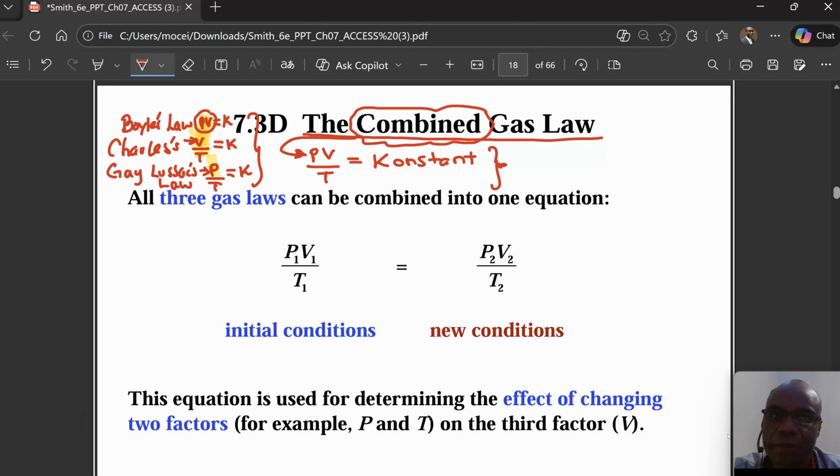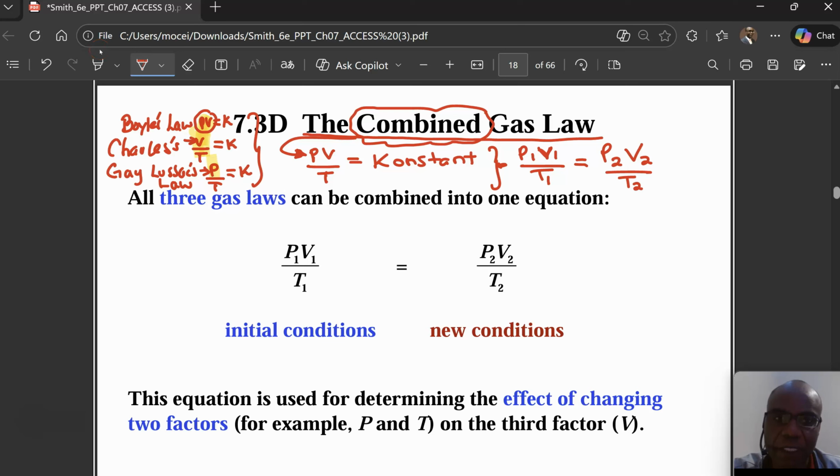So we can say P1 times V1, those are initial conditions of pressure and volume, divided by T1, initial temperature, must be equal to the final or new conditions, P2 times V2 over T2. We usually prefer the pressure to be in atmospheres, volume in liters, temperature in Kelvin.